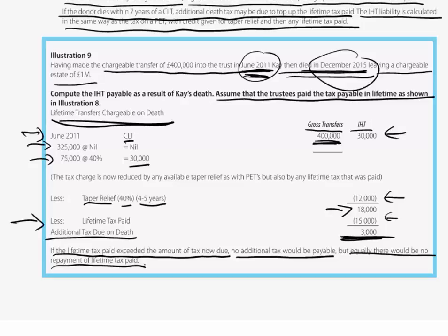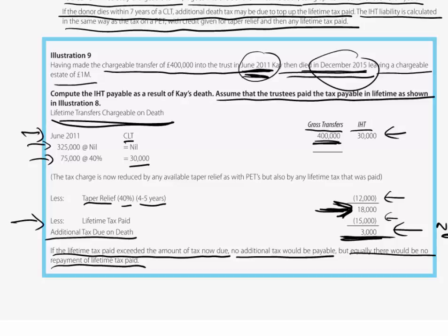So the best you can hope for here is that if the lifetime tax paid is as big or bigger than the amount of tax remaining after taper relief has been applied, then that would bring down the additional tax due on death to nil. That's as good as it can get.